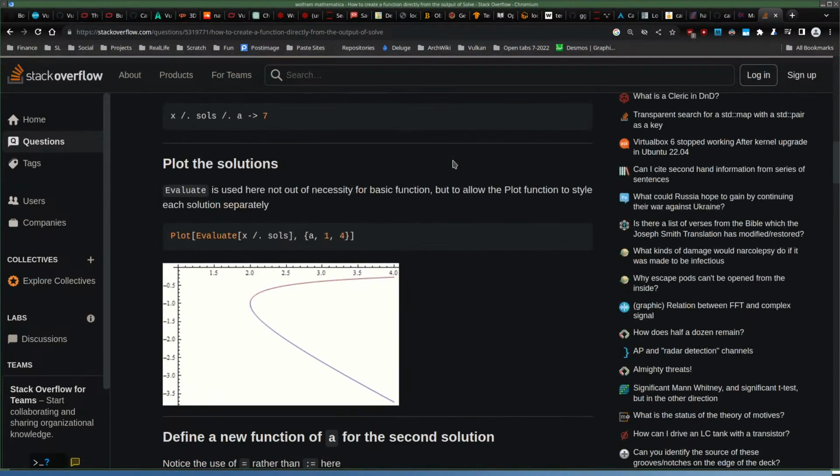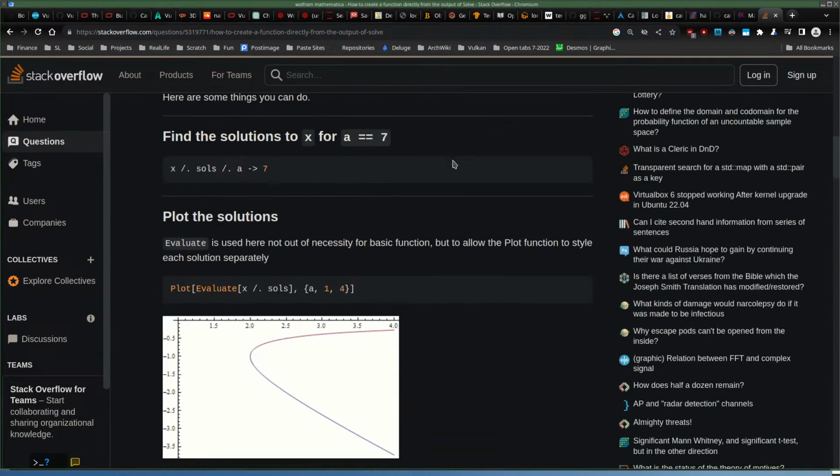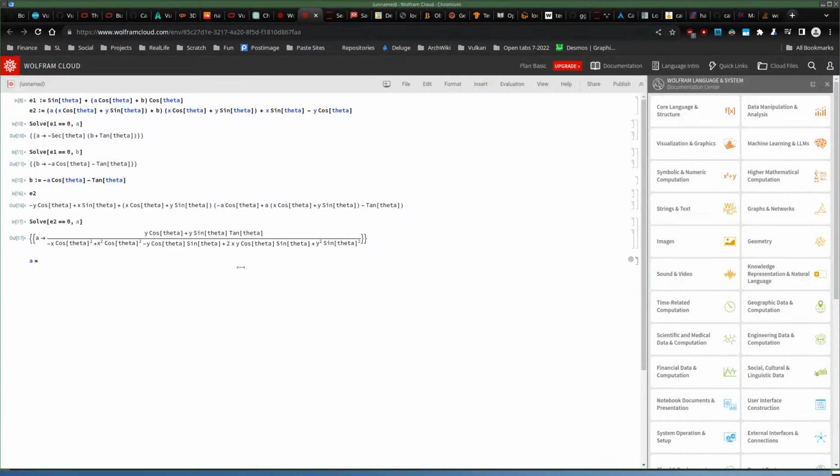Yeah, there's an A in there. So we have a function of x and y and theta. And that's it. And that is of course A.